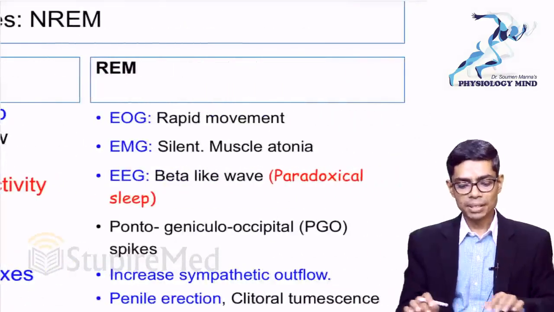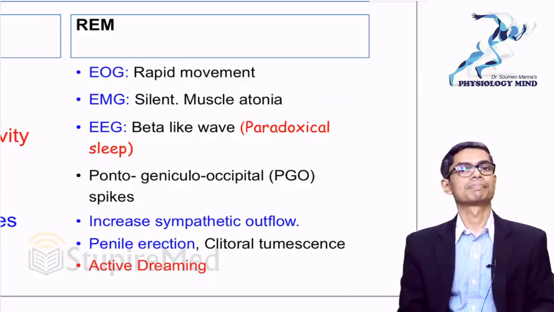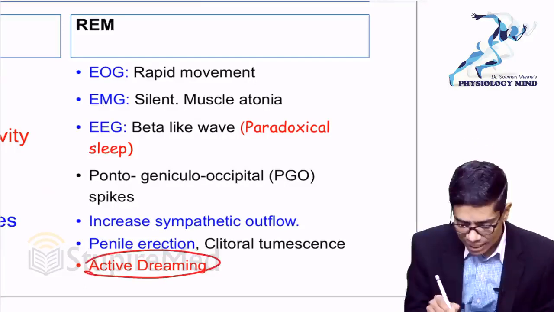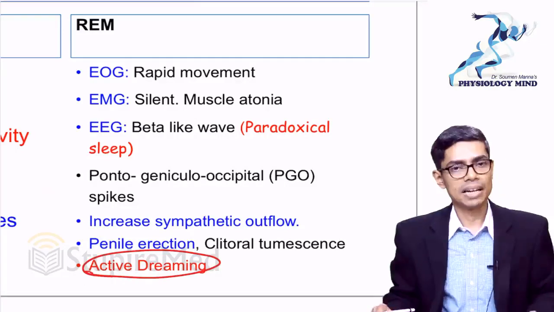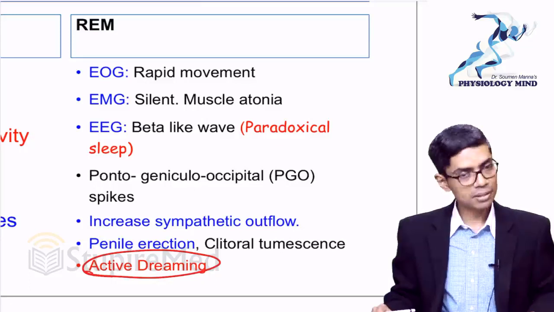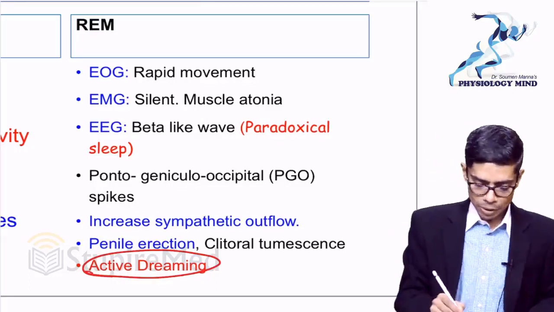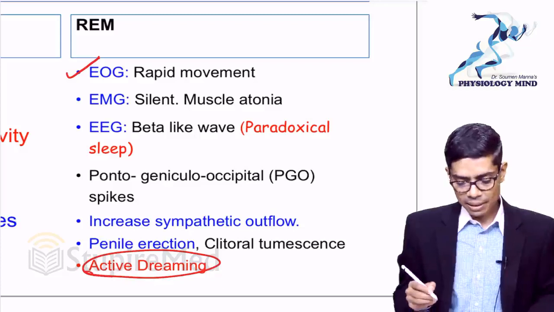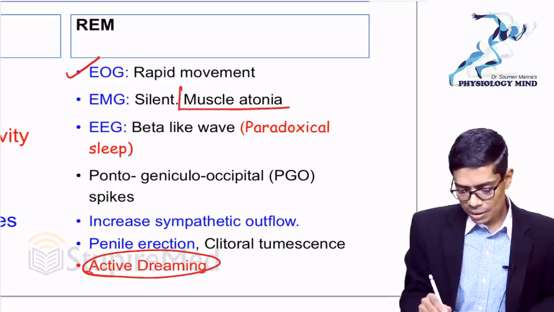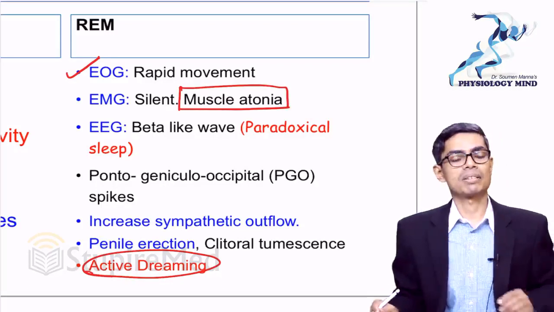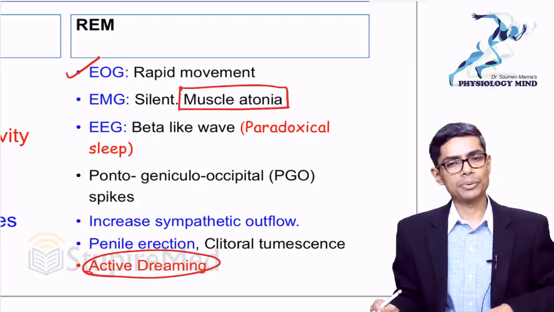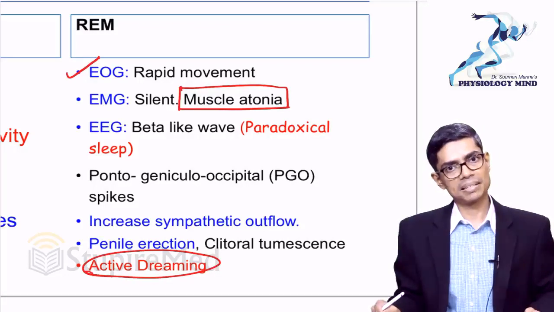On the other hand, look at REM sleep. I told you already that vivid, active, recallable dreaming occurs during REM sleep. Apart from that, rapid eye movement will be detected. Muscle tone is completely lost. Muscle atonia, a muscle paralysis-like condition.